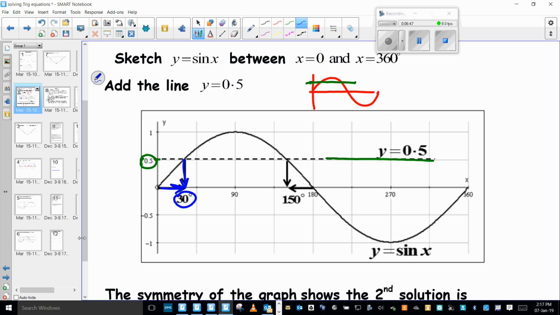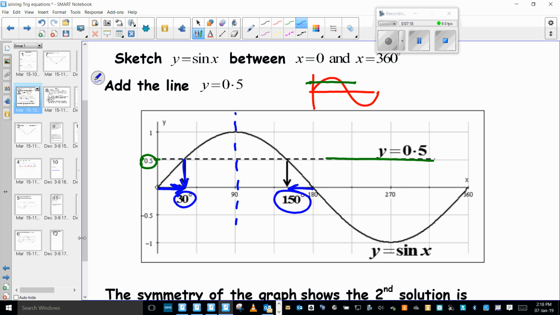We now need to find this number here. So we can see hopefully that it's symmetrical around that point there. So if this bit here is 30, then this bit here would also be 30. Yes? Which means that this other value, the second value we've got, is 150. So if you typed into your calculator sine 150, you should get an answer of 0.5.